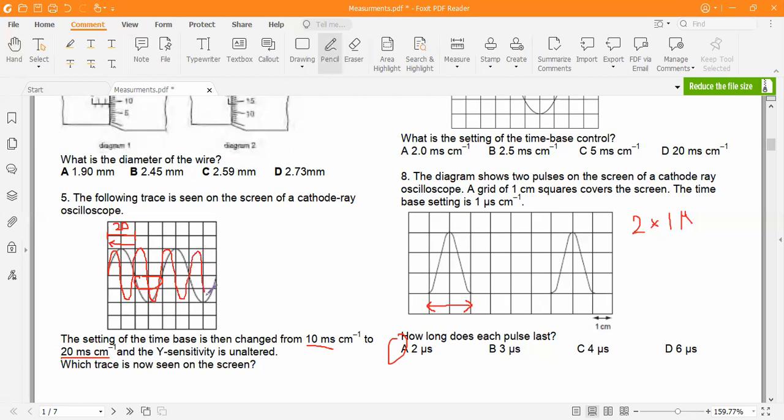Everything that was happening in two blocks is now happening in one block. At first, one block was representing 10 milliseconds. Now one block is representing 20 milliseconds. So double the stuff is happening.